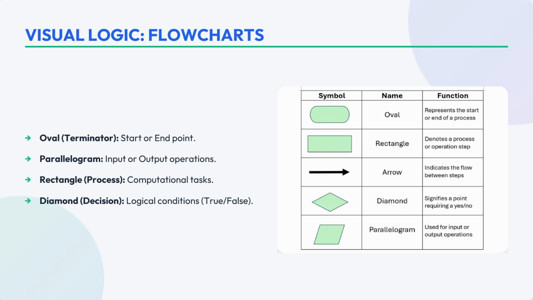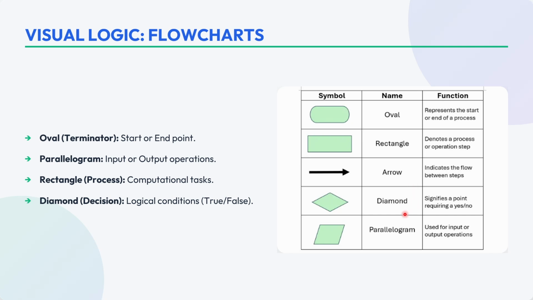Here I have discussed some basic or commonly used symbols. The oval is often used to start or end a process. Next, a rectangle denotes a process or operation steps. Arrows indicate the flow between the steps.